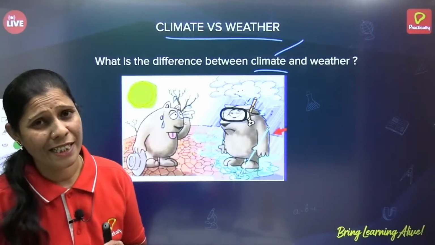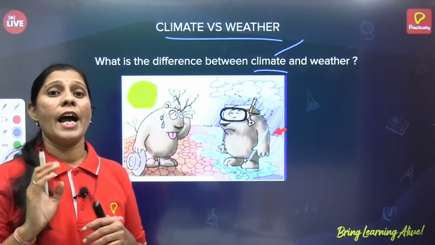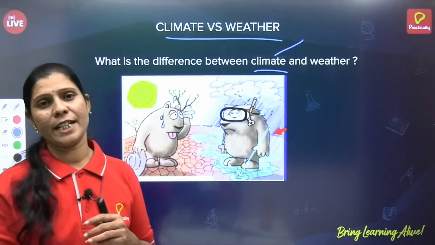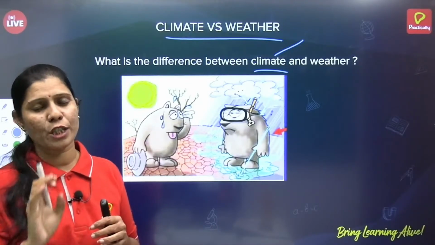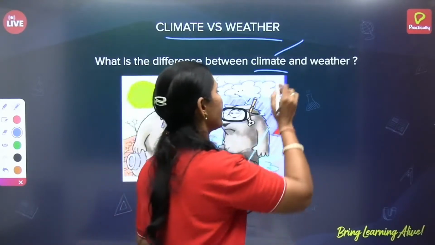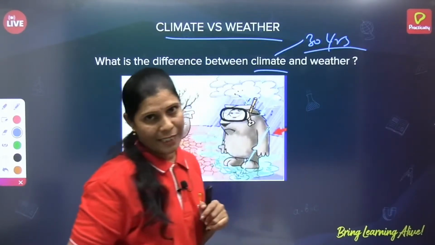The climate, in the sense, doesn't change. It has an average atmospheric condition, the atmospheric condition of a place over an average period. How do they calculate? They take an average of 30 years and consider that a place's climate.